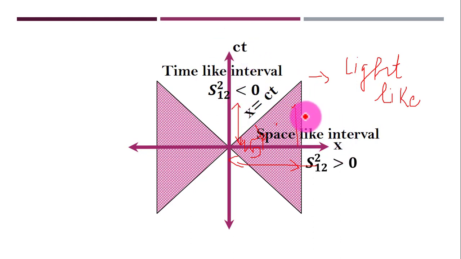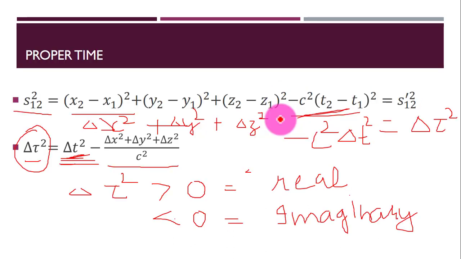Similarly in 4-dimensional space, the x, y, z coordinate will be greater than the ct coordinate, and the proper time quantity here will become negative. This difference will become negative, delta tau square will come out to be negative, and that means it will be imaginary.